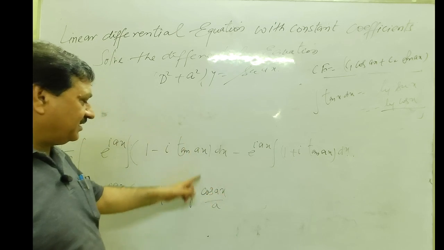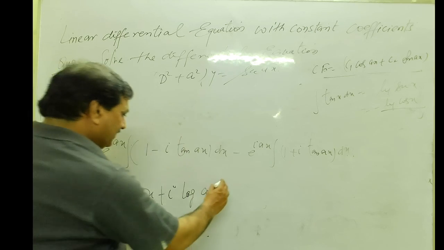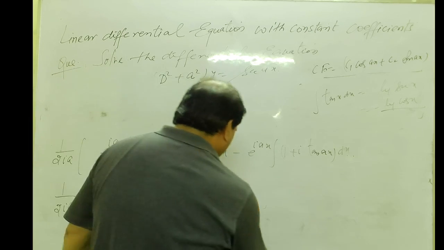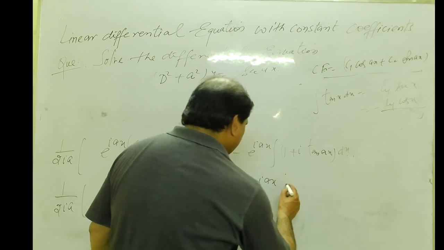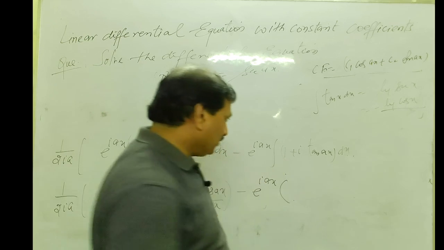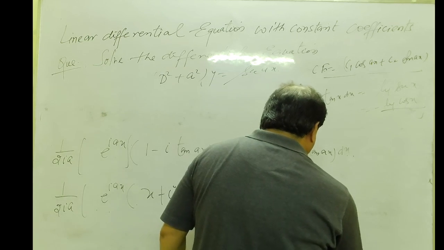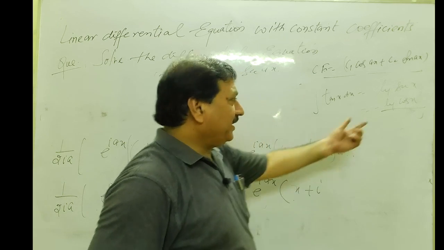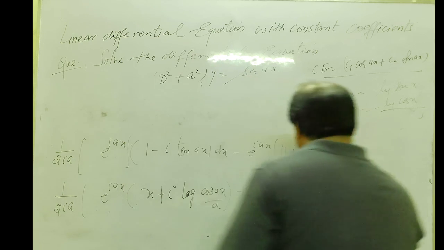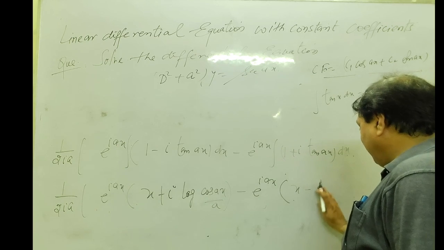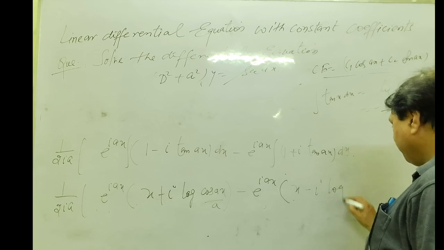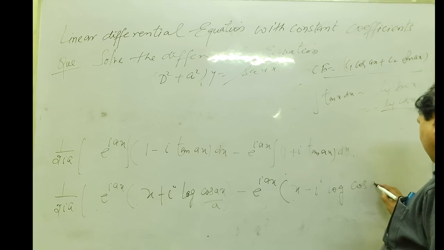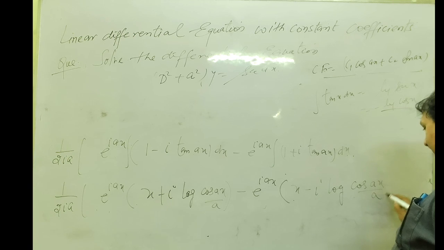Okay, because this is upon a, and this is the complete integral, and minus e to the power minus iax, again integration: one integration is x plus i tan integration, here the sign is negative, that means minus log cos ax upon a.